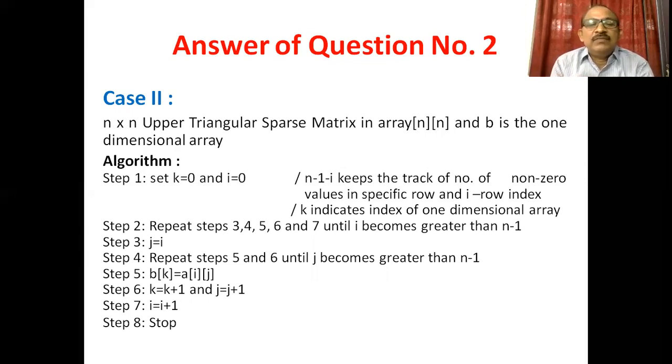Here you can see j varies from i to n minus 1. Next statement B[k] is equal to A[i][j], and here k is incremented by 1 and j is again incremented by 1. Step 7, i is equal to i plus 1. Next step 8 is stop. So with the help of this algorithm, you can convert an upper triangular sparse matrix into a one-dimensional array.